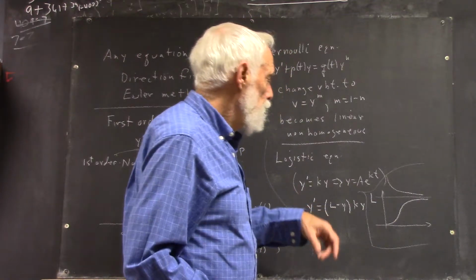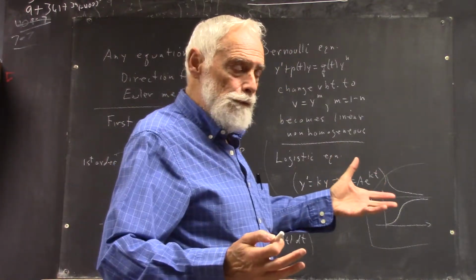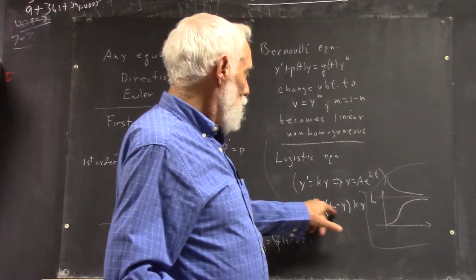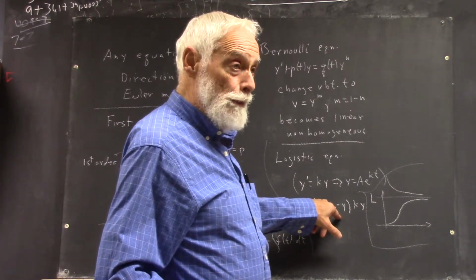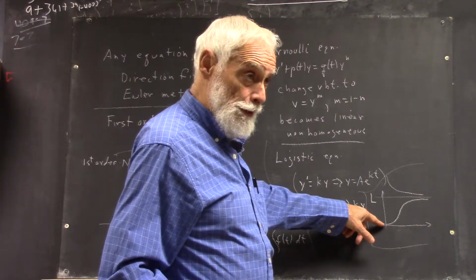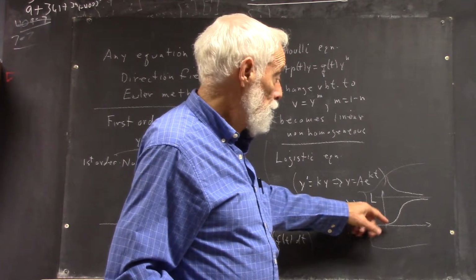So it's like the population of guppies in a tank. You got some limiting value of the population, it doesn't really matter when you're down here, because you got all the food and space you need.